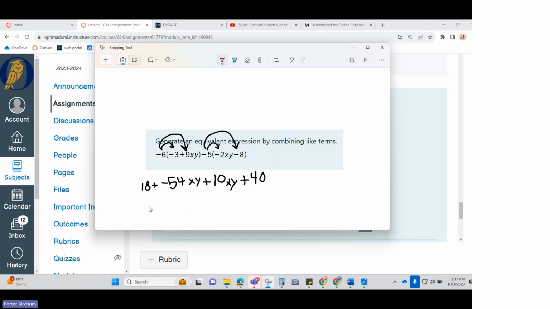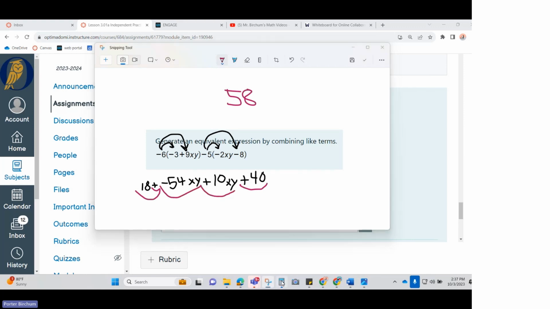Now that we're at the end of this assignment, I'm going to go a little faster now that we're in the last stage. So we have a +18 right here, and a +40. How much does that make? 18 positives plus 40 positives. That gives us 58 positives. And then we have a -54 plus 10.